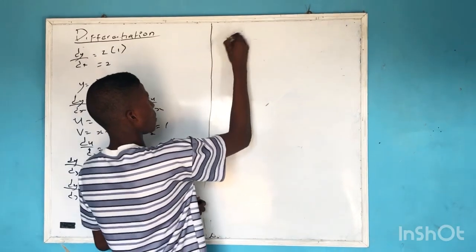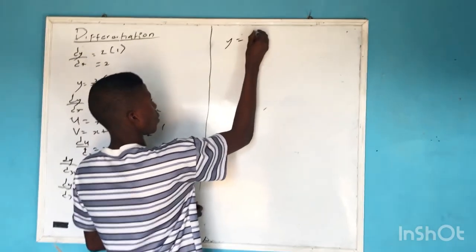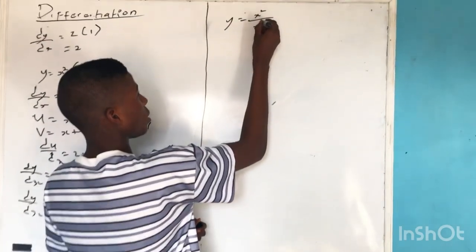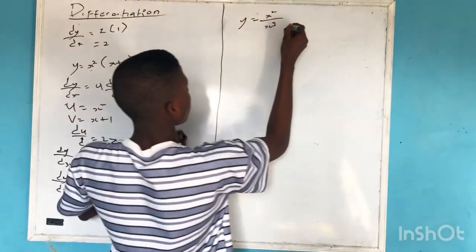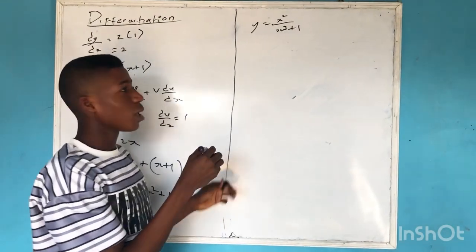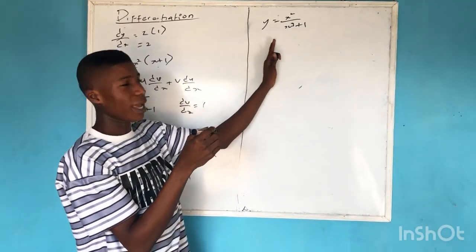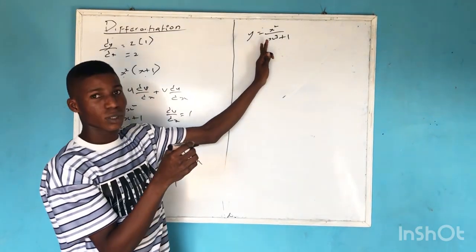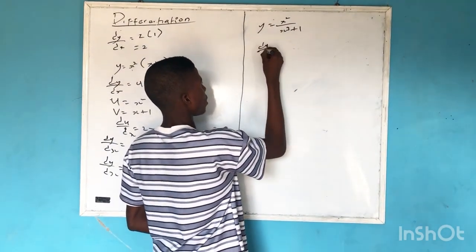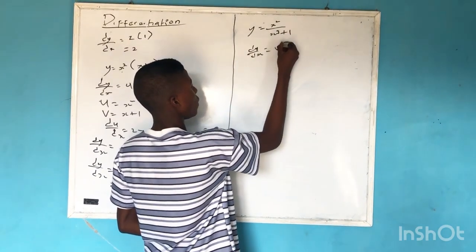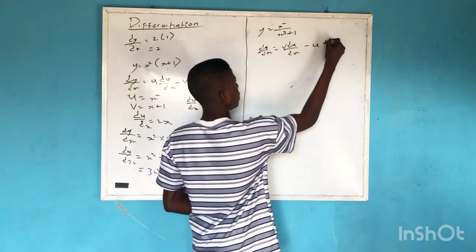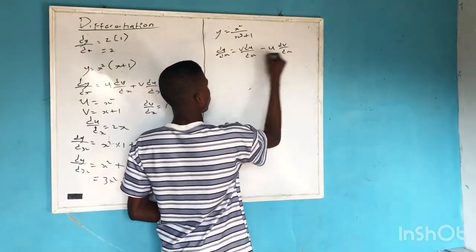Let's say I have an expression x squared over x cubed plus 1. Seeing this, we will just apply the quotient rule since it's division. The quotient rule is dy dx is equal to v du dx minus u dv dx, over v squared.